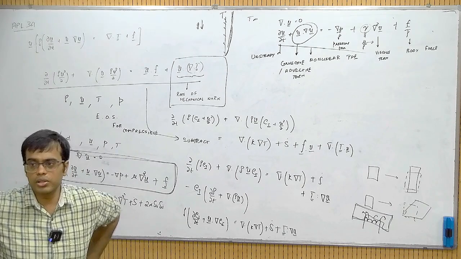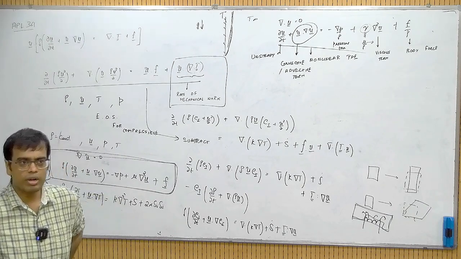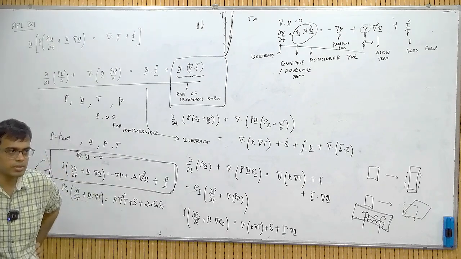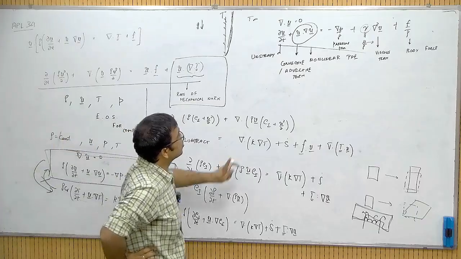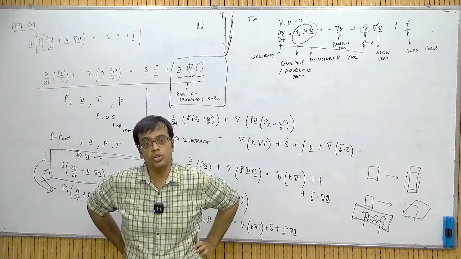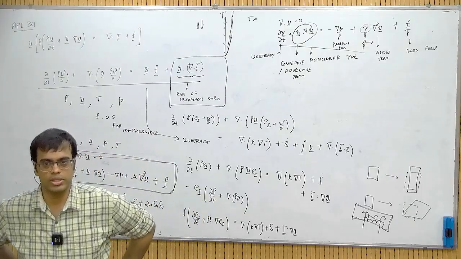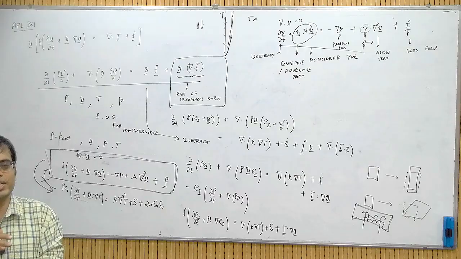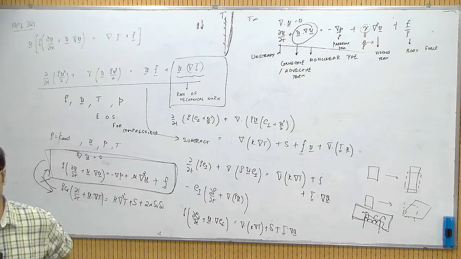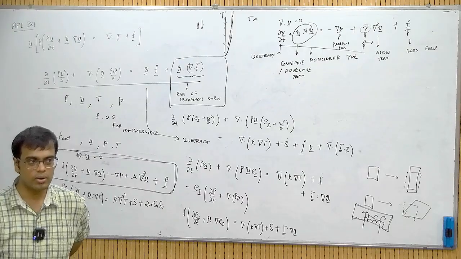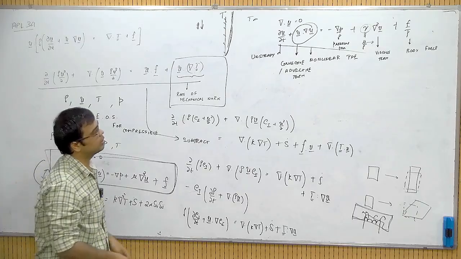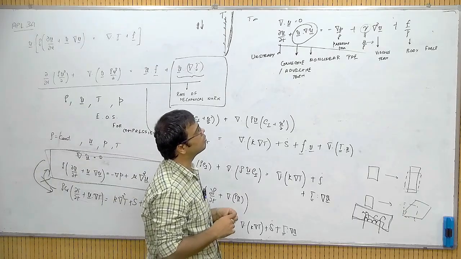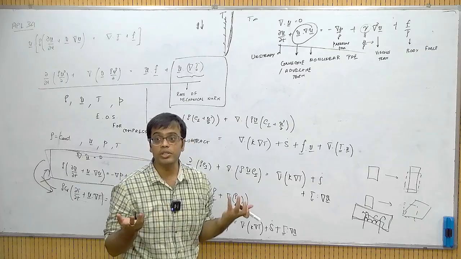So you can have multiple solutions of a nonlinear equation, but you will have one unique solution of a linear equation. So this is a nonlinear equation. There is no unique solution of the Navier-Stokes equations. Within a given set of boundary conditions and initial condition, you can have multiple solutions. Things are becoming interesting because you have multiple solutions possible.